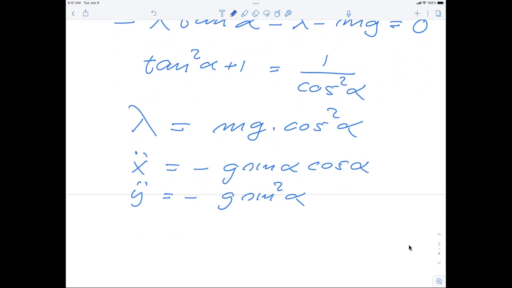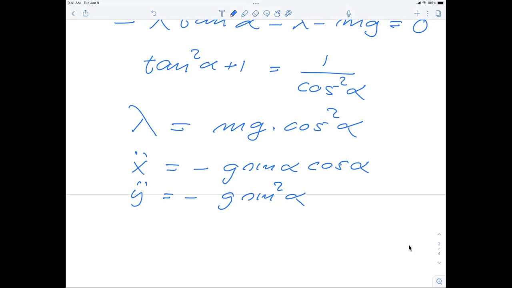Now, this is something which we did back in the beginning of the semester. When we wanted to find the position, we would simply integrate up. First, we got the velocity with an initial velocity at a certain final time. And then we integrated again, and we got the position.